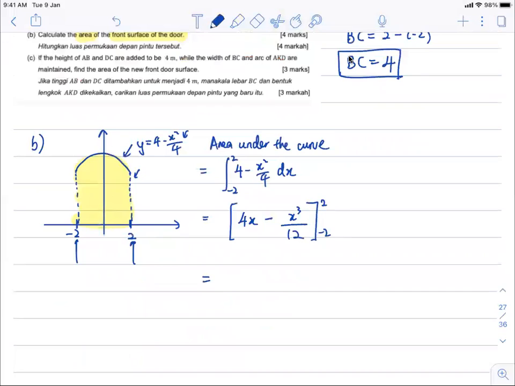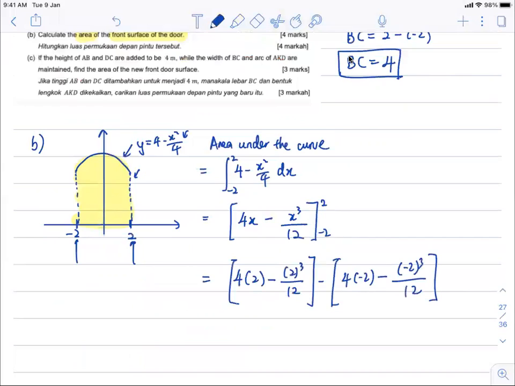Equal to 4 times 2 minus 2 cubed over 12, minus 4 times negative 2 minus negative 2 cubed over 12. So type into the calculator. We'll get 44 over 3. So this is the area.